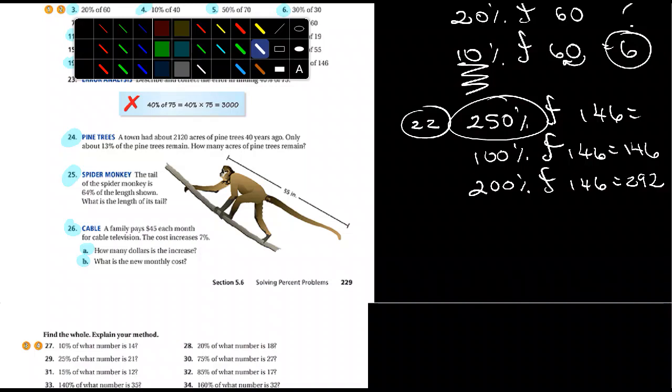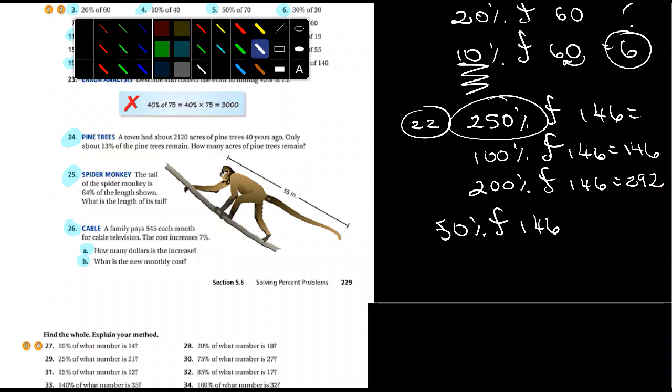So, the next question I'm going to ask myself, and I'm just doing this in my head, is what's 50% of 146? Well, you could divide 146 by 2, or you could divide 100 by 2 and 46 by 2.